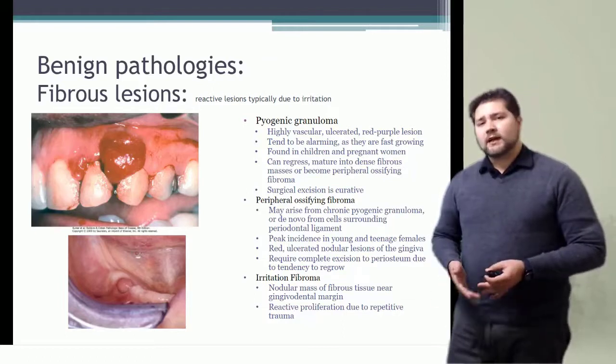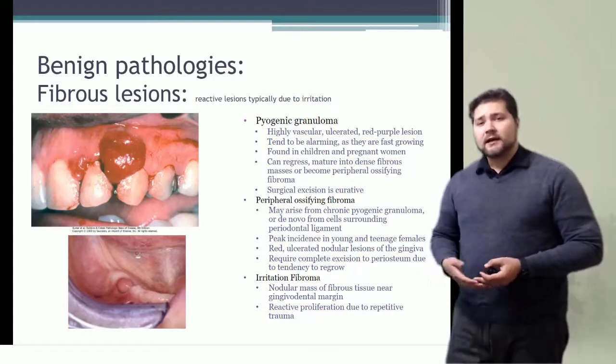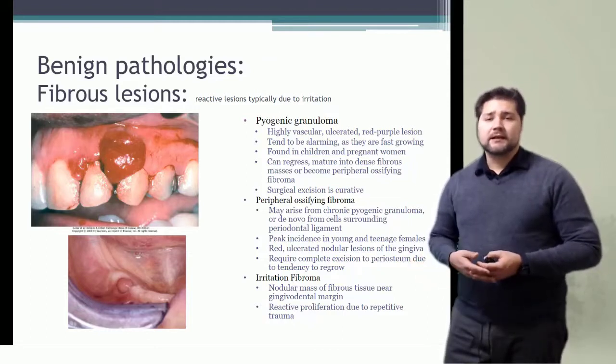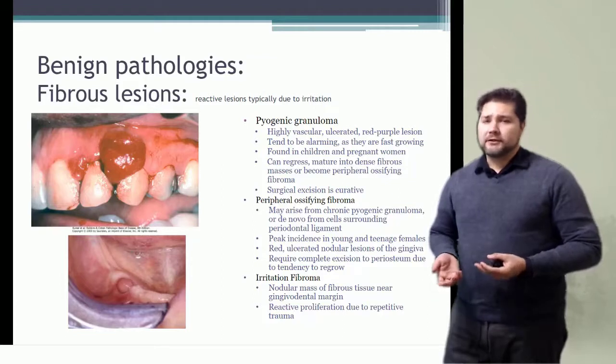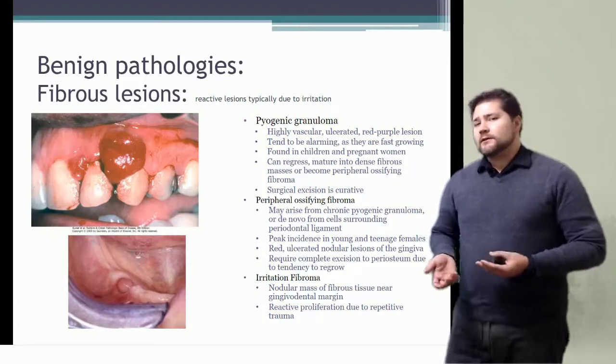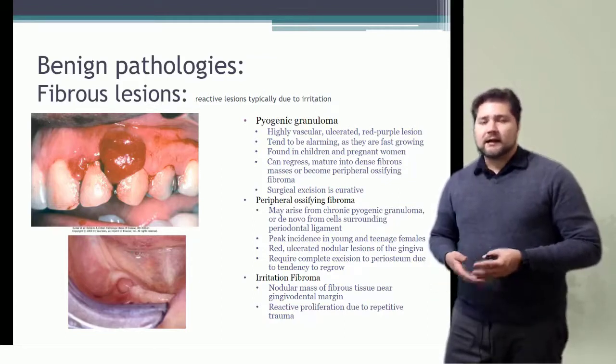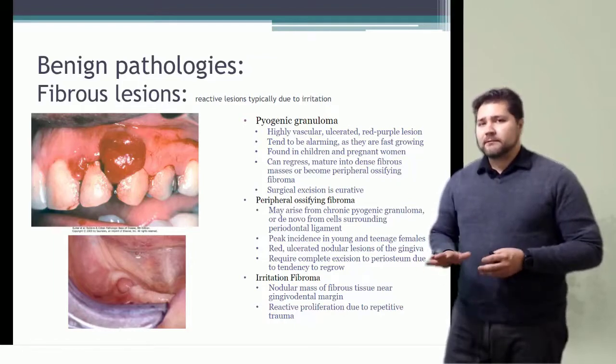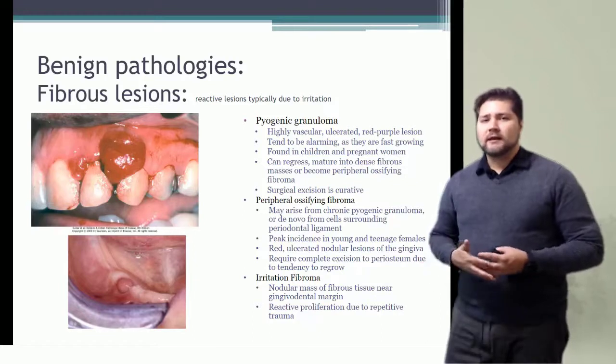So next we'll take a look at peripheral ossifying fibromas. These can occur de novo, starting from a periodontal ligament attachment, or they can arise from chronic pyogenic granulomas. These do appear very similar to those pyogenic ones with the ulcerated red to purplish color, but on palpation you can feel that they're actually quite firm and a pseudo-bony substance.